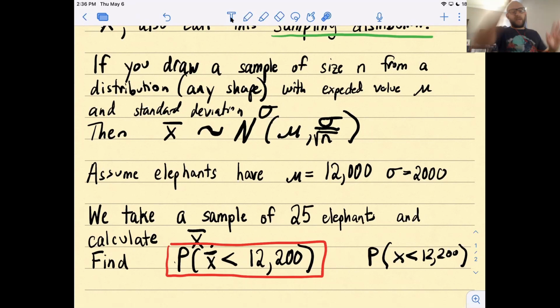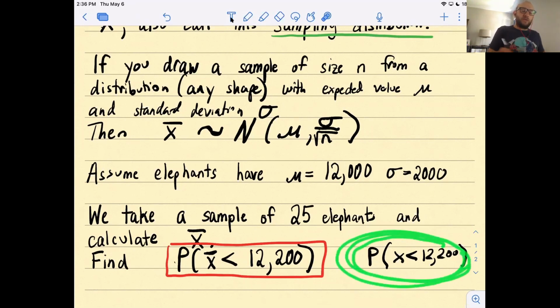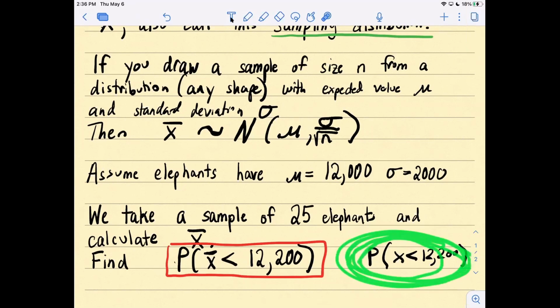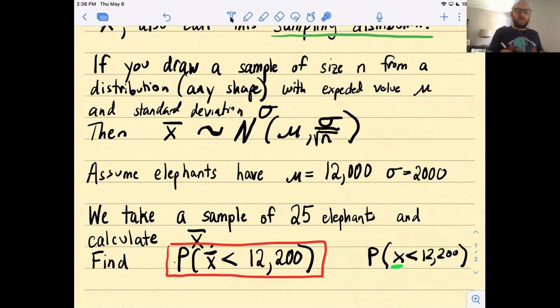So 12,000 is, by the way, another good reality check on both of these. Is this number greater than 50% or less than 50%? What do you guys think? It's greater, right? It's greater because it's to the right. We're talking about the chance that an elephant is less than 12,200, but the middle of the distribution is 12,000.